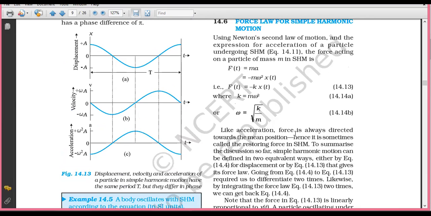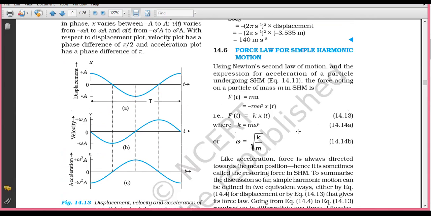I discussed this one, using F is equal to kx versus F is equal to ma. I can calculate omega like this: omega is equal to square root of k by m. Okay, this needs to be added in the handbook.